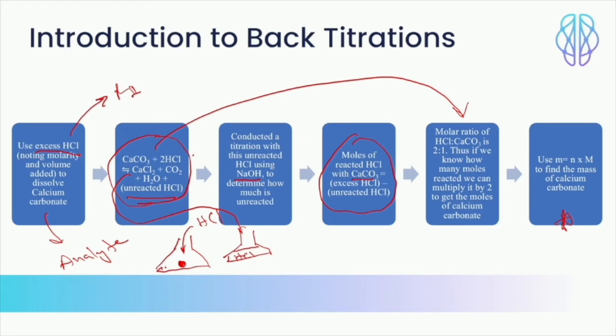If I know the moles of calcium carbonate now, I can just multiply that by the molar mass, the molecular weight, my bad, to find the mass of calcium carbonate. They might ask you to do that, but they could also ask you to stop here. If you ever get confused about back titrations, try and refer back to this slide as just a brief overview on how they work and how to solve questions.